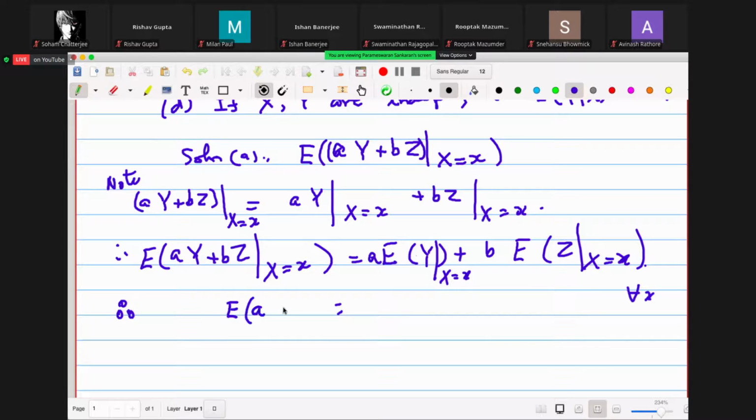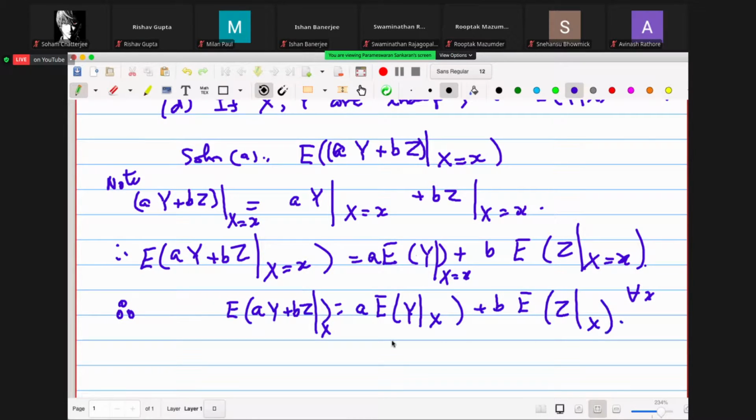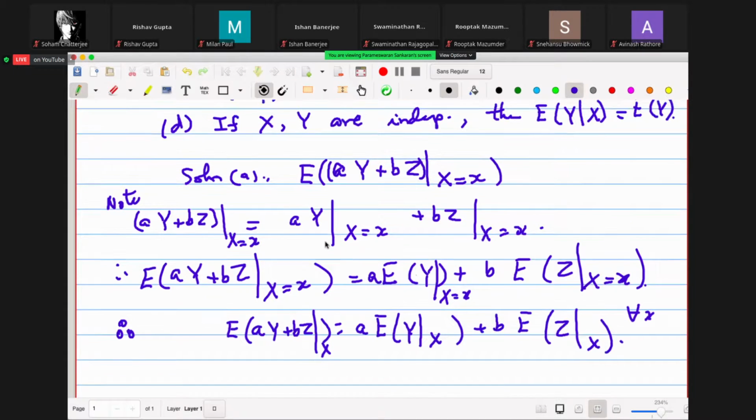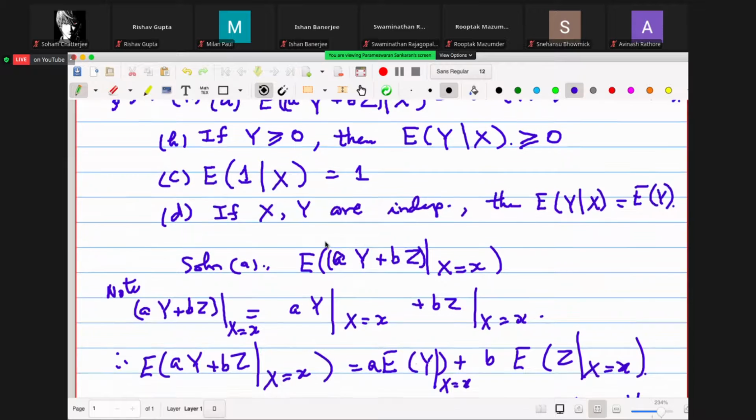The expectation of ay plus bz given X is the same thing as the random variable a times the expectation of y given X plus b times the expectation of z given X. Okay, so the main thing here is that these are random variables. We are not talking about equality of numbers.